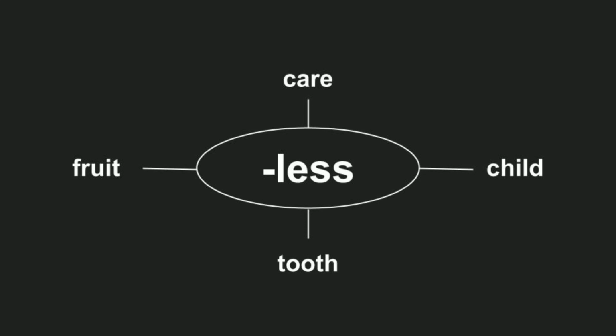For now, answer this activity. Now, form new words by adding suffix less to the word outside the circle. Give the meaning of the newly found words. These words are hair, fruit, child, and food. So, what words were you able to form? For now, answer this activity.